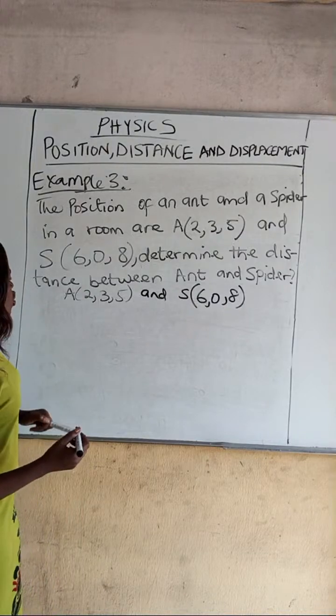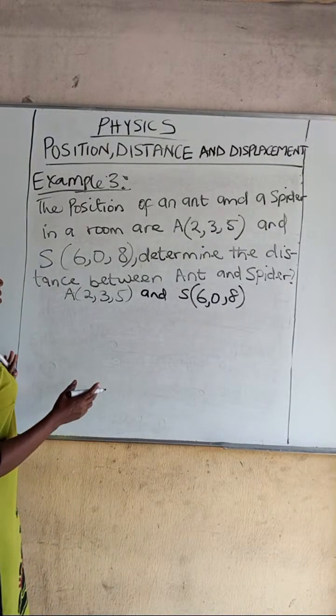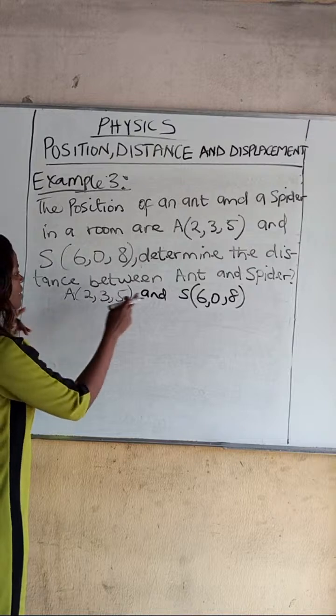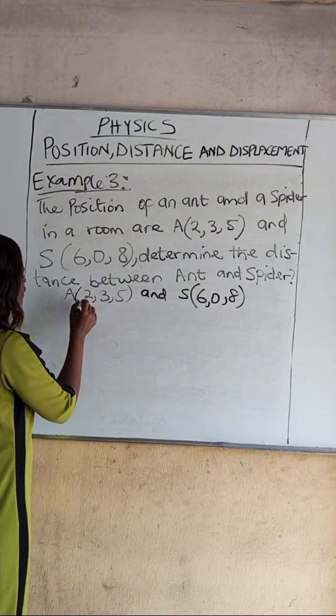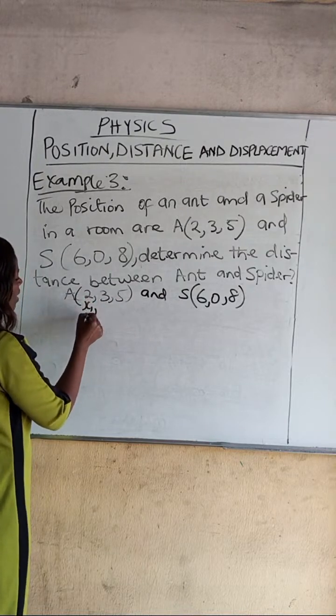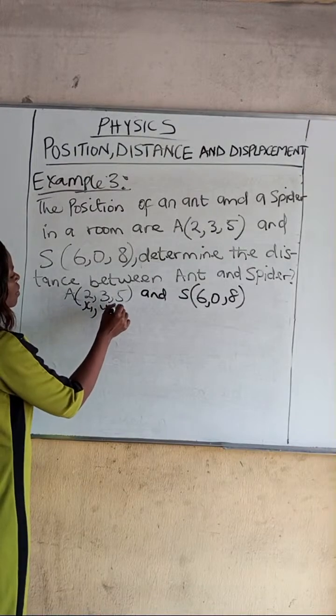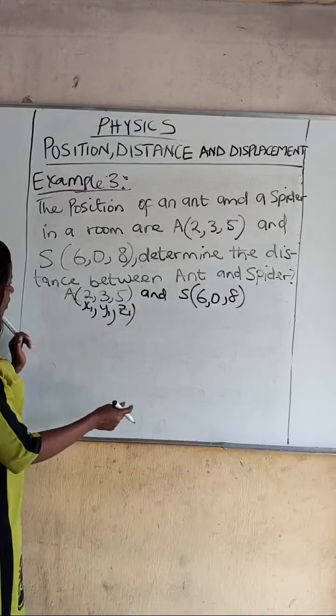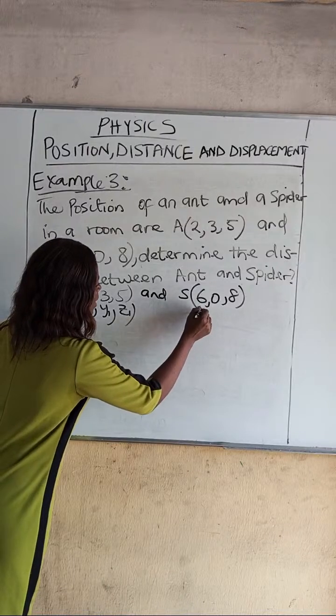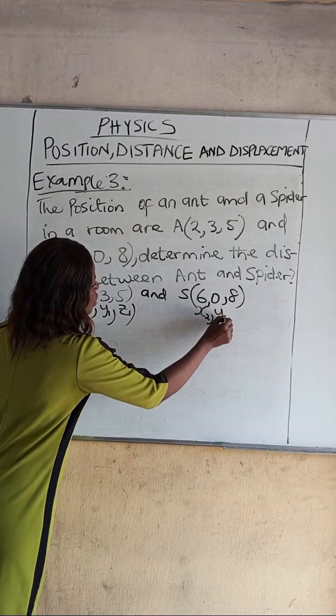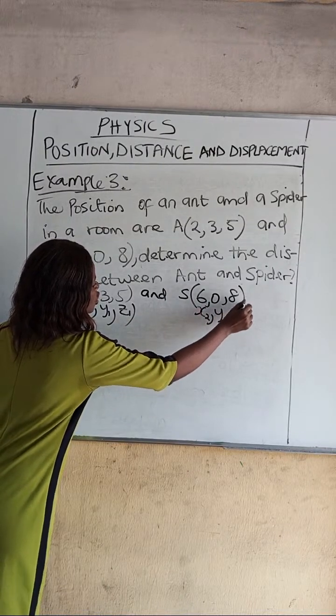Now what we are going to do is to state it. This is the first point, this is the second point. For the first point, this is my X1, Y1 and Z1. This is my second point: I have X2, Y2 and Z2.